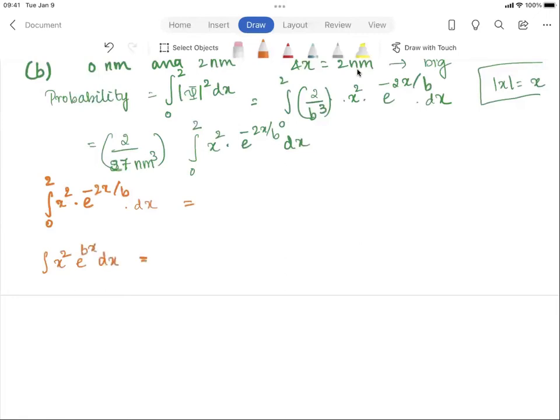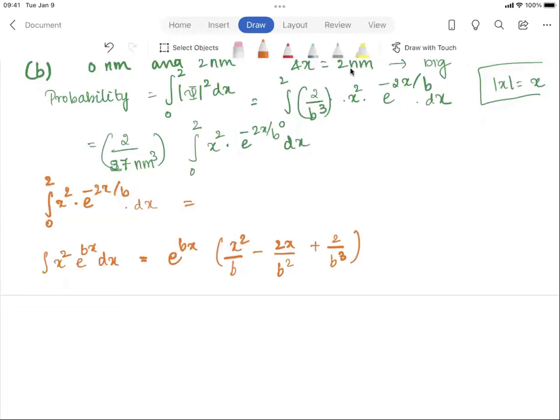And from the appendix of integrals, table 8.5, we see that this has a value of this. So we get the value from there.